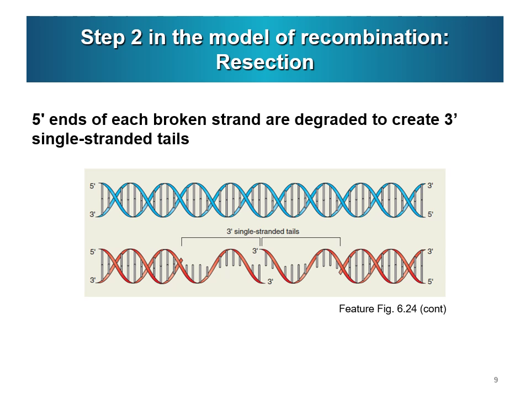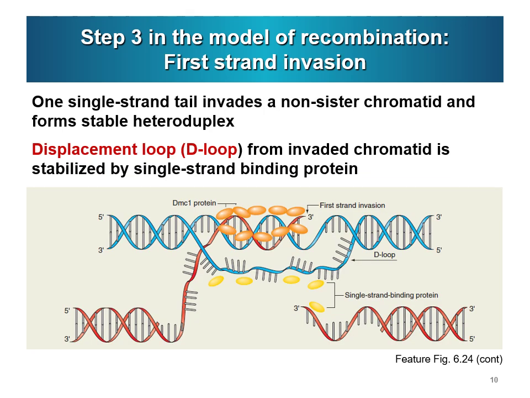That's step 2. In step 3, one single-strand tail invades a non-sister chromatid and forms a stable heteroduplex. In this picture, you can see the enzyme in orange, and the yellow ones are the single-strand binding proteins that come to stabilize the new structure.